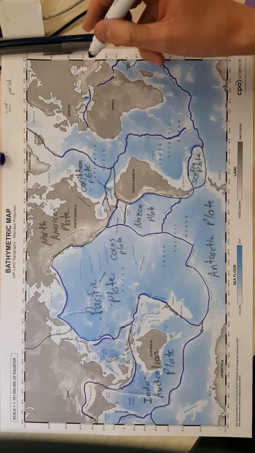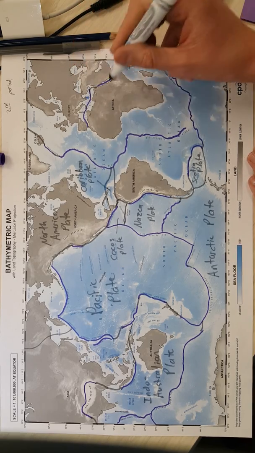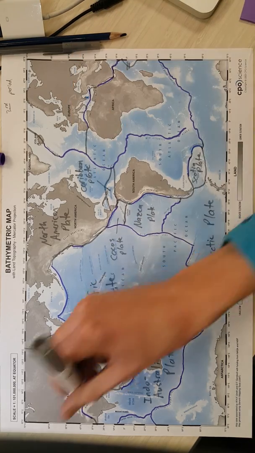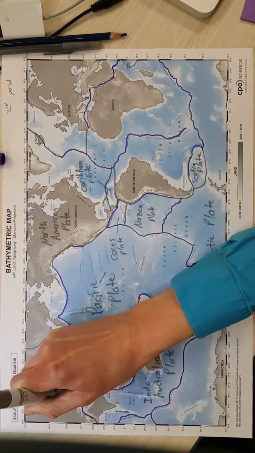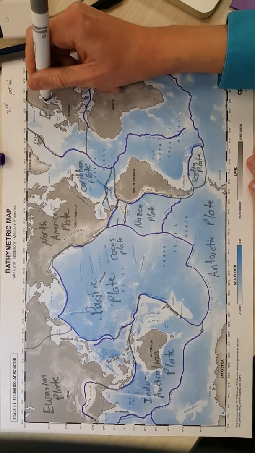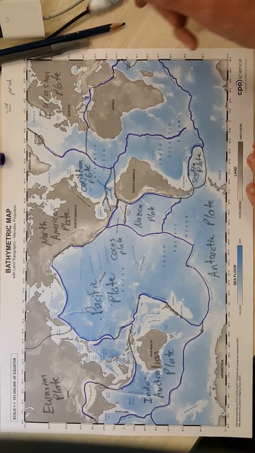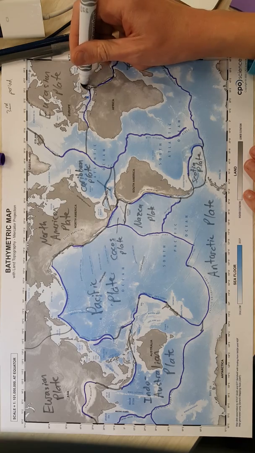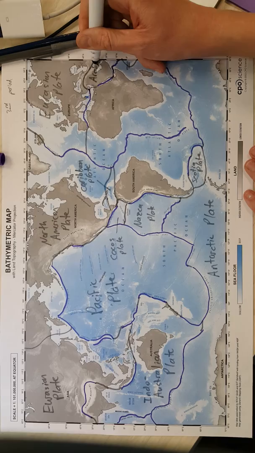Speaking of which, the Eurasian plate, that's almost fully drawn out here. So we'll draw this border in there. And then there's a little division right here. So this is the Eurasian plate, and it extends across the map to the other side here. So this is still the Eurasian plate. I'll label that too. There is this section right here, this is the Arabian Peninsula, and that's actually a separate tectonic plate, the Arabian Plate.